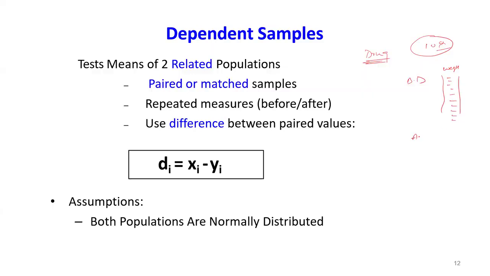Now, let's suppose you give the drug to that particular person continuously for a month. Okay, it's a weight loss kind of drug. And after a month, you will again collect the weights of the same sample, of the same people. You will not go and measure the weights of other people, right? You will take the same samples. Here, the sample is one only, but here the values which are coming out of the sample, you can consider as two different samples. Okay.